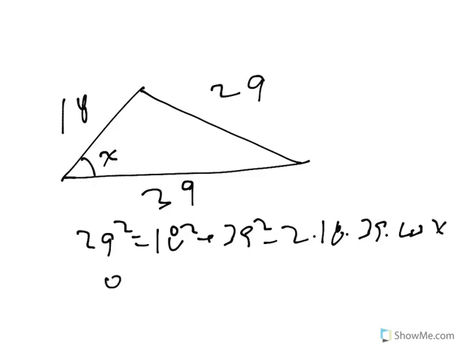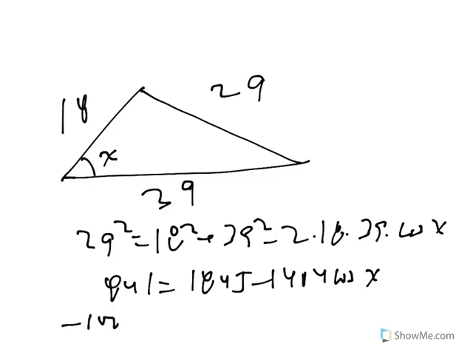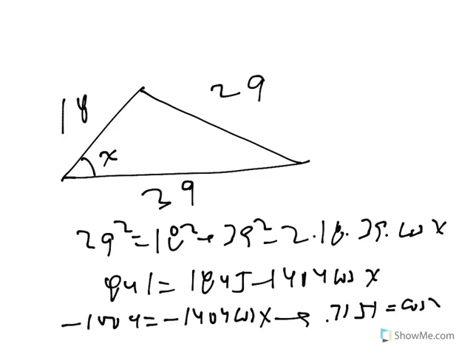That would eventually turn into 841 equals 1845 minus 1404 cosine x. Subtract 1845 from both sides, minus 1004 equals minus 1404 cosine x. That would turn into 0.7151 equals cosine x.